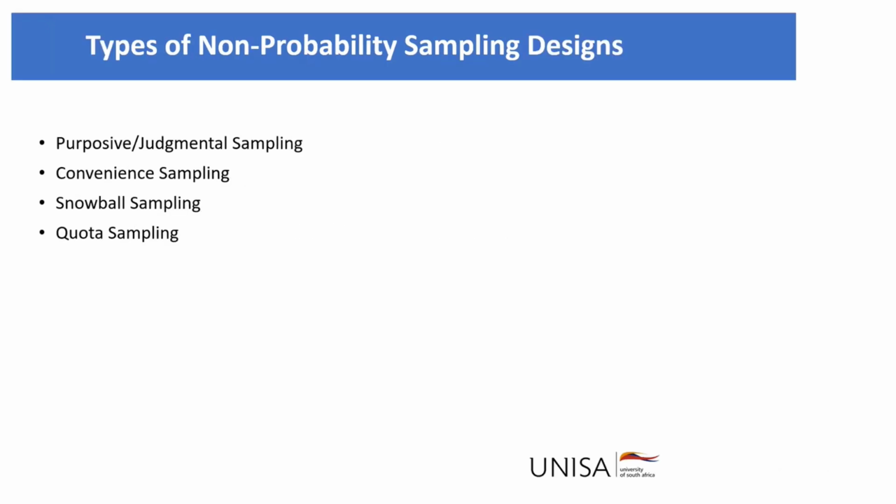Now, in non-probability, we also have types of non-probability sampling designs. We've got purposive, or others will call it judgmental sampling. We've got convenience sampling, snowball sampling, and we've got a quota sampling design.